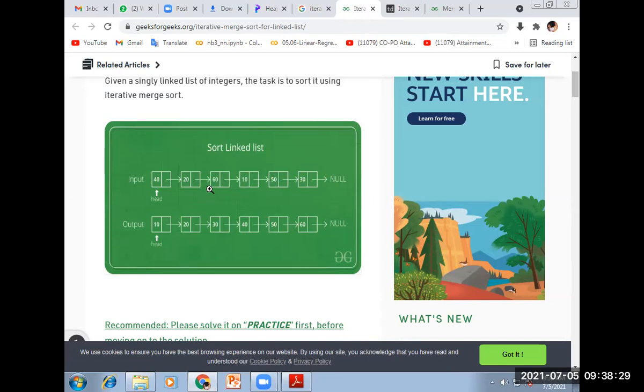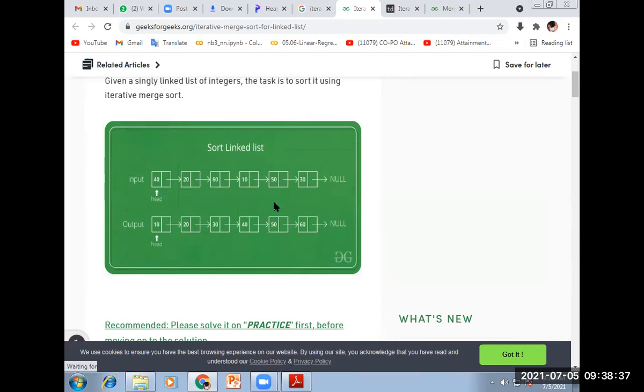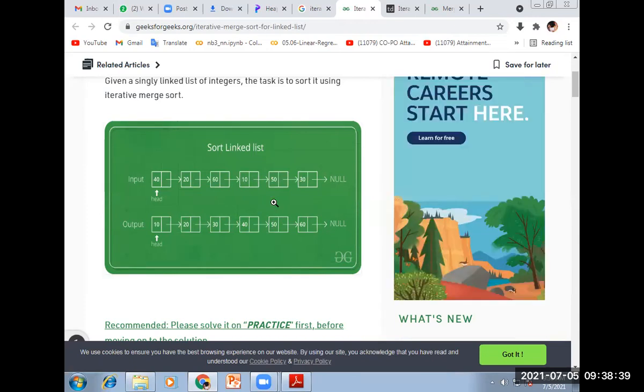What is in recursion? What do we have to do in recursion? We divide the array into subparts and merge the left part and right part, then perform the merging technique. Here the first element and second element are compared and arranged in order. Then the next elements are compared.